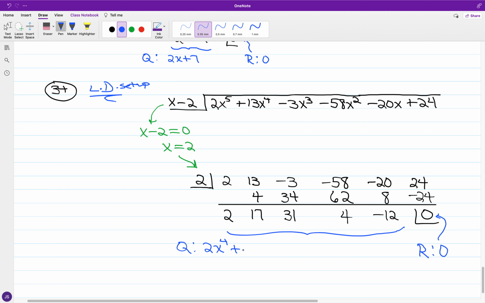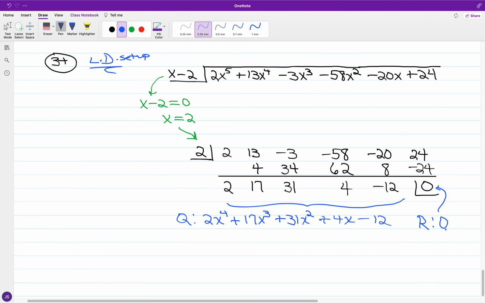And for the rest of the terms in the quotient, we got 2x to the 4th followed by 17x cubed, 31x squared, followed by plus 4x, and finally we have minus 12. And since the remainder is 0, it would turn out that the product of x minus 2 and this 4th degree quotient would come out to this 5th order polynomial.